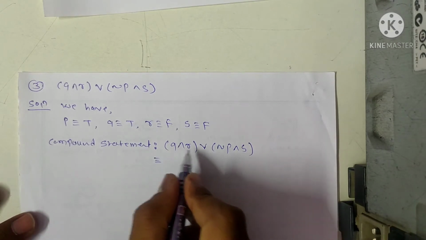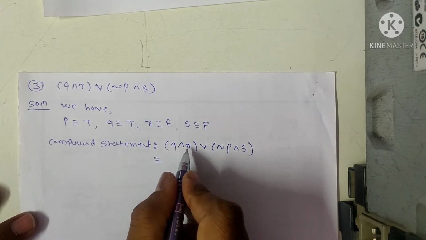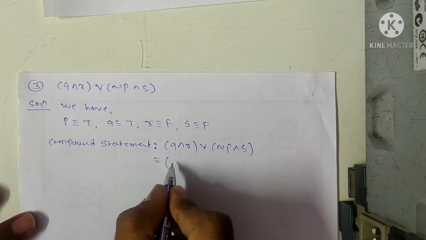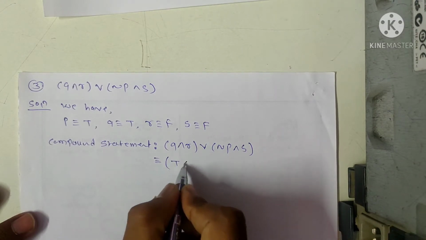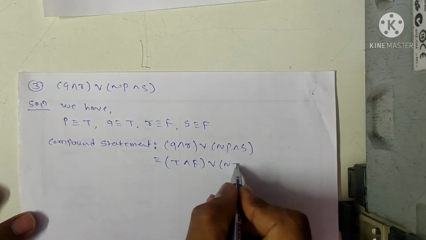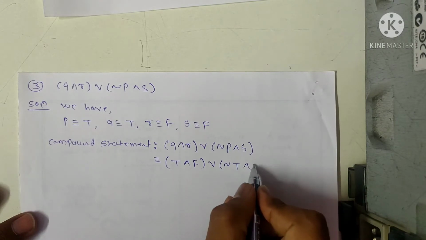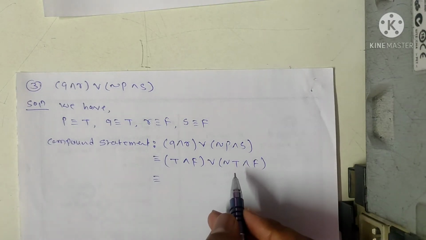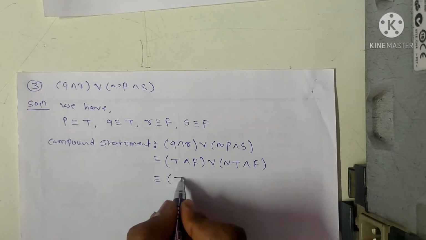We replace Q and P by T, R and S by F. Now here Q is T and R is F, or negation P means negation T and S is F. First we solve the negation and then we solve the brackets.